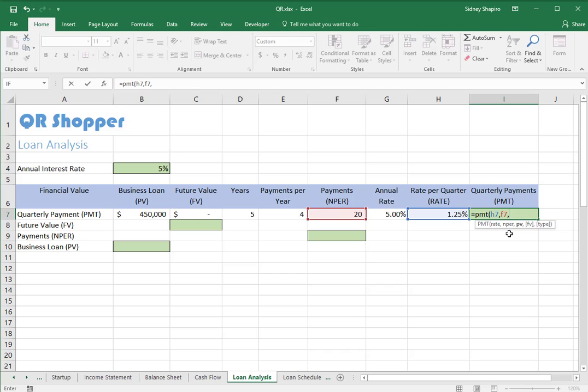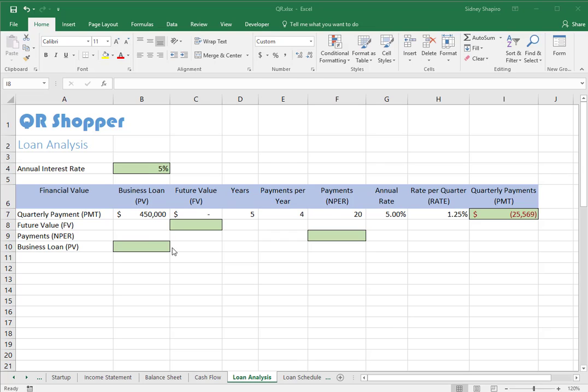And then finally B7, which is the present value where we're starting off from. We hit enter, and we see that quarterly we have to pay $25,569. And you could follow along with this file, which is in the module folder in Module 9.